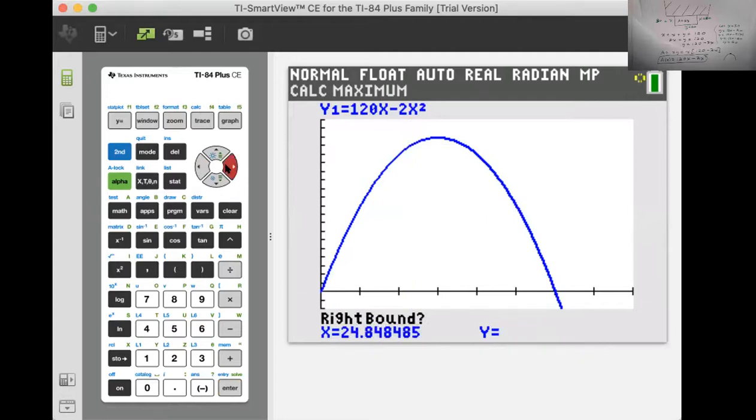Right bound, put the cursor a little bit to the right of where it reaches the peak. Enter, guess, put it somewhere in the neighborhood. And sure enough, the x value was 30. When x, that was the short side of the rectangle, was 30, y, which represents area, gives us a maximum area of 1800, and that reinforces what we solved using algebra strategies.